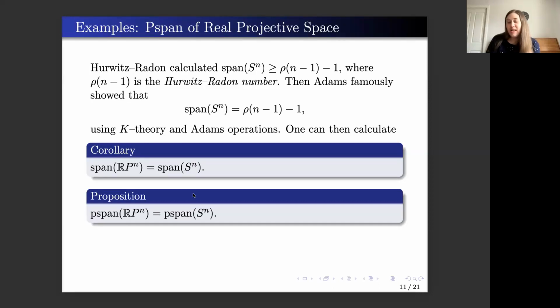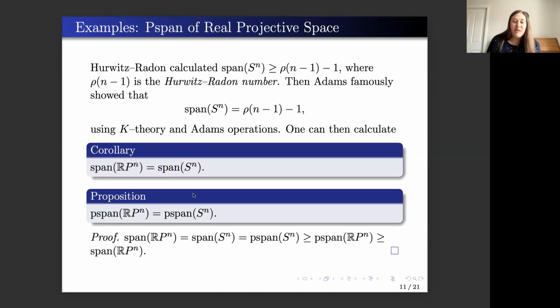It's a really cute one-liner, and it's going to use all the facts that we've learned so far. So we can practice everything. Step 1 is this corollary that I'm not proving. So we're assuming that the span of RPN is the same as the span of the N sphere. The next step follows from remembering that spheres are simply connected. And we showed that for simply connected manifolds, span is the same as pspan.